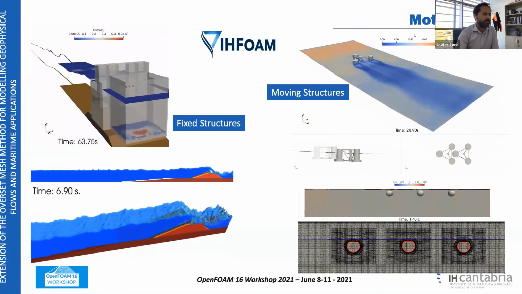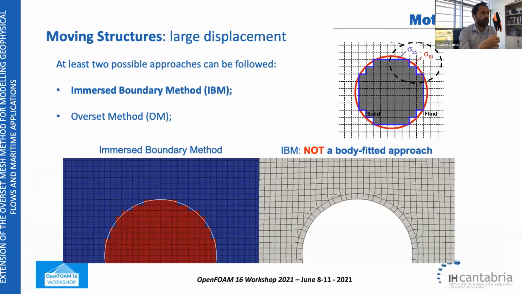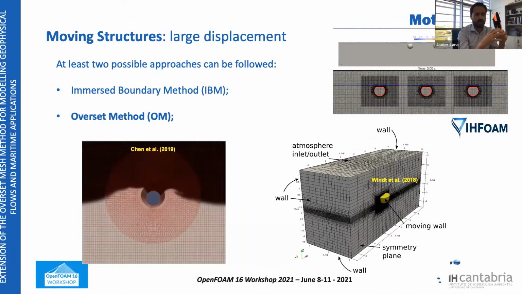So in those circumstances, what we would like to do is to find a method which is good to study how the flow is generated, and how the flow is influenced by this large motion of the structures. And we have two options. One is the immersed boundary method and the other is the overset method. The immersed boundary method is the one we are not following in this study, because we would like to use a body-fitted approach, which is able to simulate what we have all around the object where they are moving.